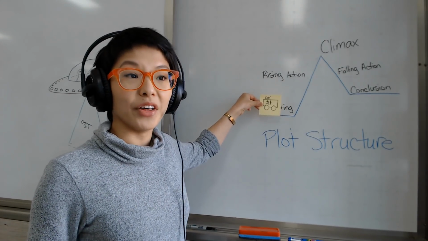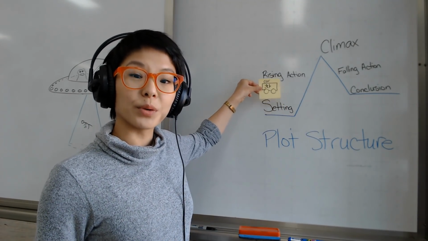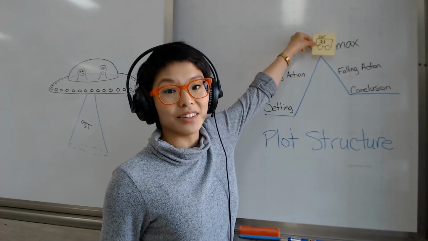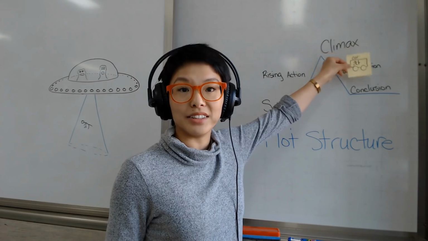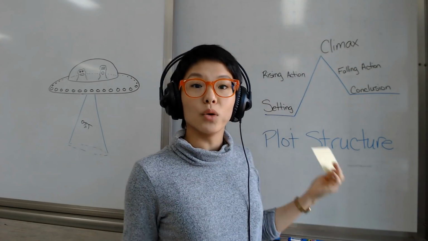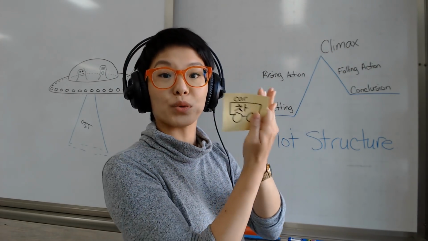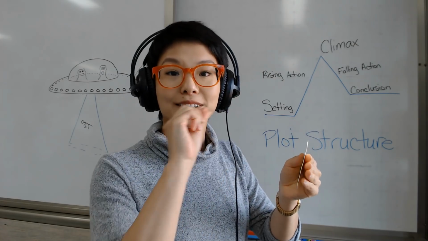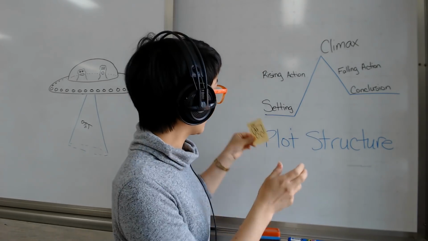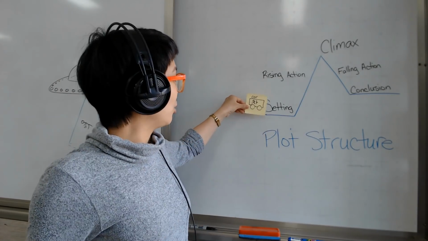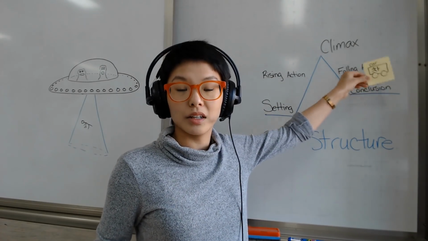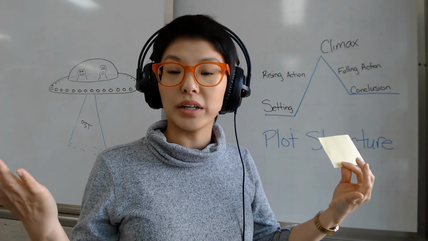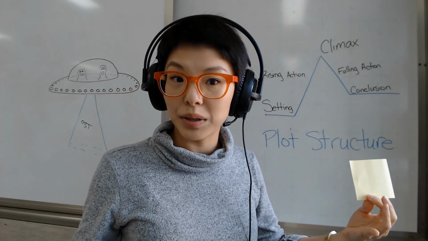This is the beginning of the story. This is the middle, and this is the end of the story. When we are reading or writing a story, we are driving on this road.